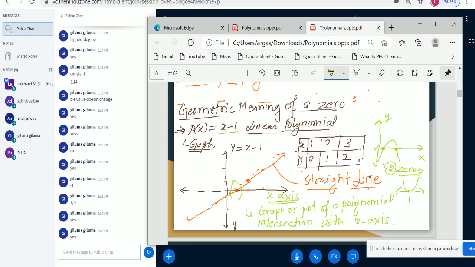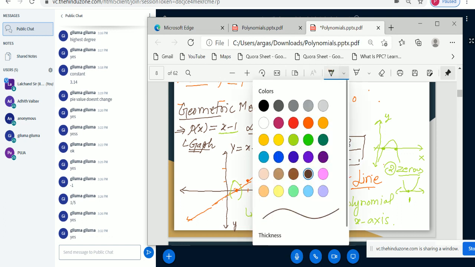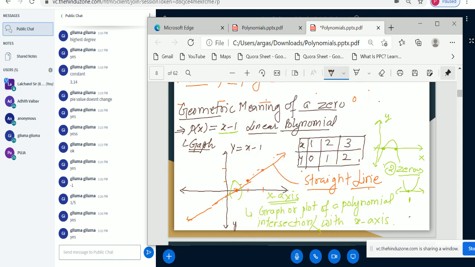So we can also say intersection or touching point with the x-axis. We can also define it that way. Okay, so now you are getting what is meant by the geometric meaning of zeros.